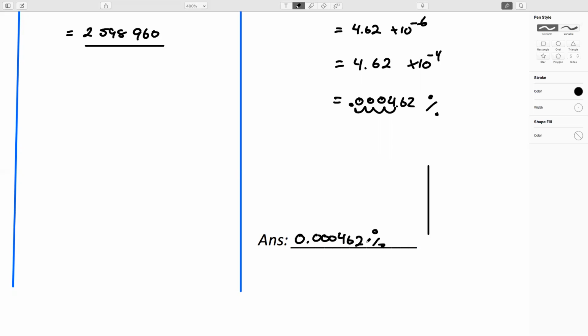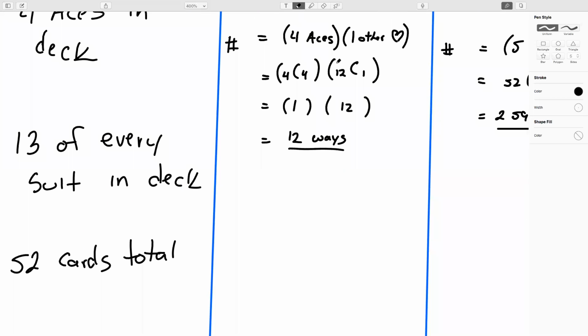If you want the total number of ways to get 4 aces, period, instead of going 12 choose 1, you could do whatever's left in the deck, so 48 choose 1. Or you could just take this and multiply by 4, because you have cases, right? You'd have the case of having one other heart, or one other spade, or club, or diamond.